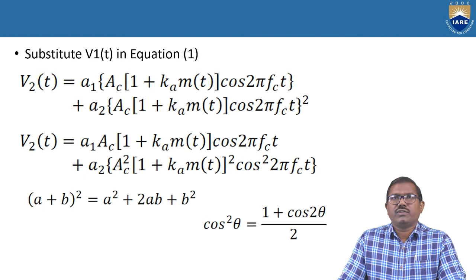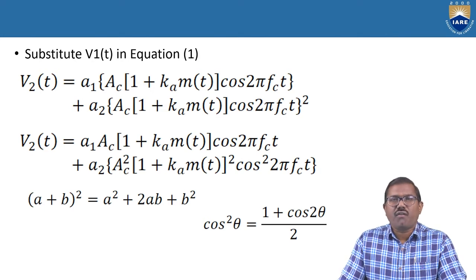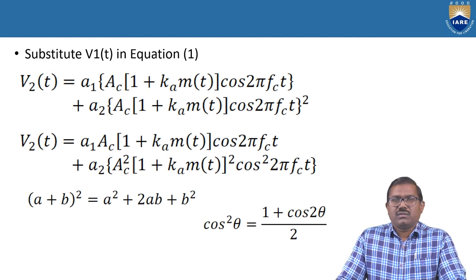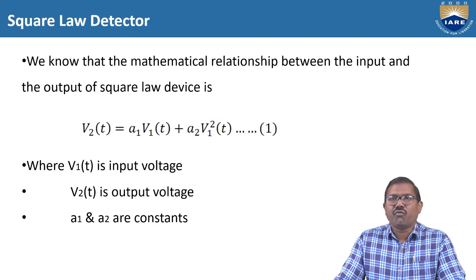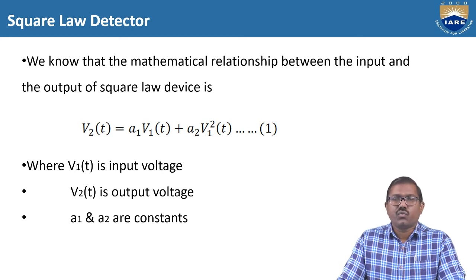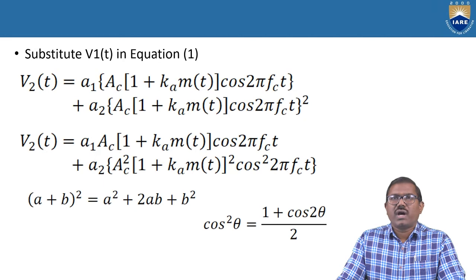Now we are going to substitute V1 of t in equation 1. V2 of t is A1 V1 of t plus A2 V1 square of t. V1 of t is Ac of 1 plus Ka m of t cos 2 pi fct.